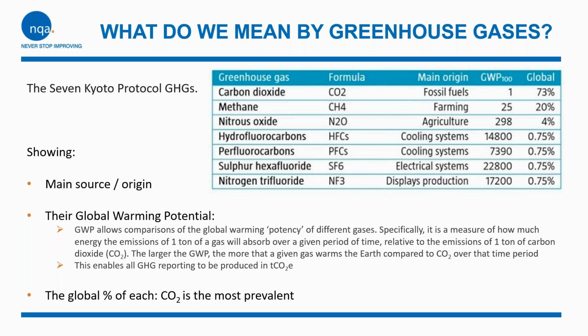However, in terms of the percentage of the gases in the atmosphere themselves, carbon dioxide is by far and away the most prevalent, and that's the reason why that particular gas is used as the relative measure using the global warming potential, to allow us to report using the unit of tons of carbon dioxide equivalent.